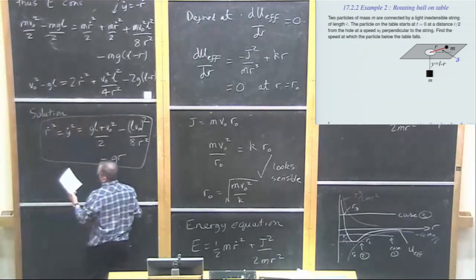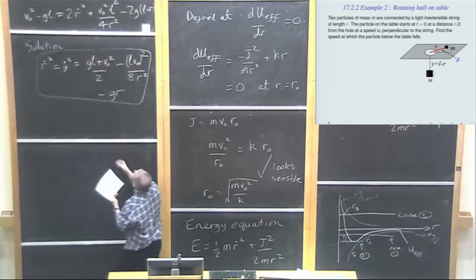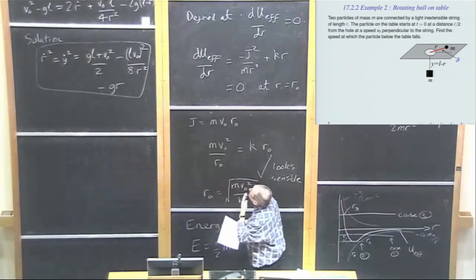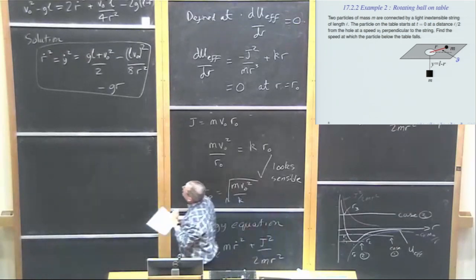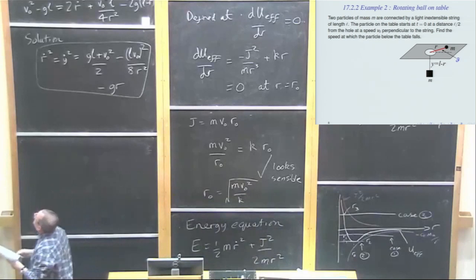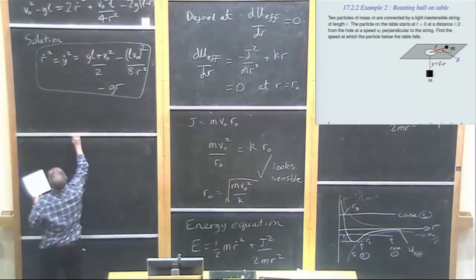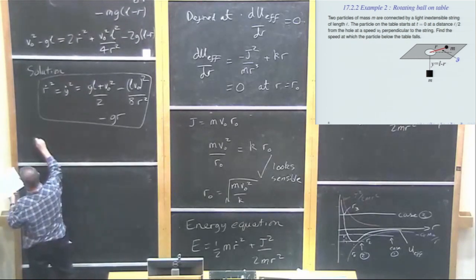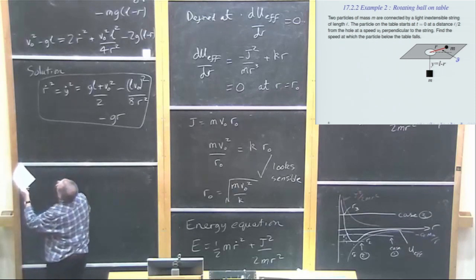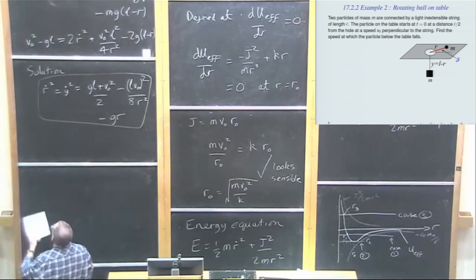Just check that's okay. Right, so we have found the solution. Let's just check this makes sense. So when we start it, we have r equals L over 2.